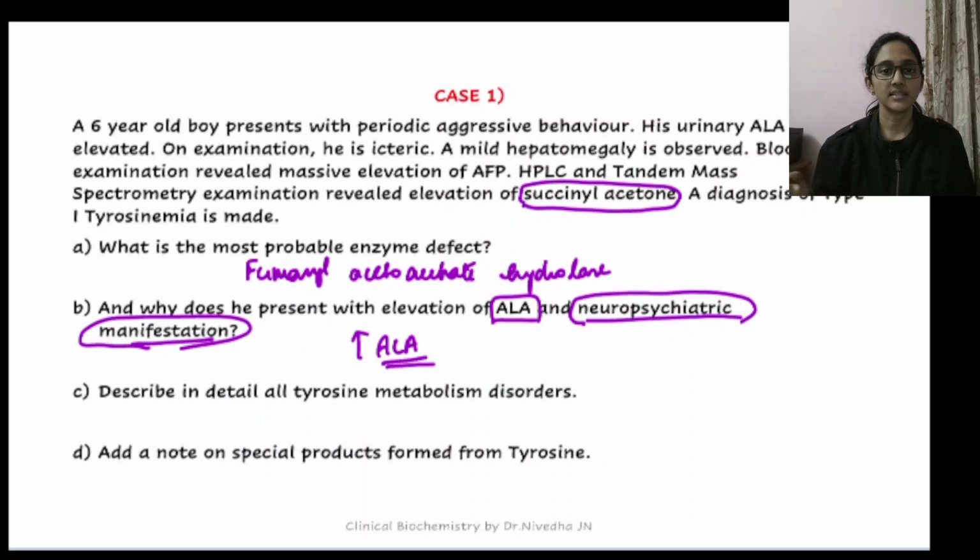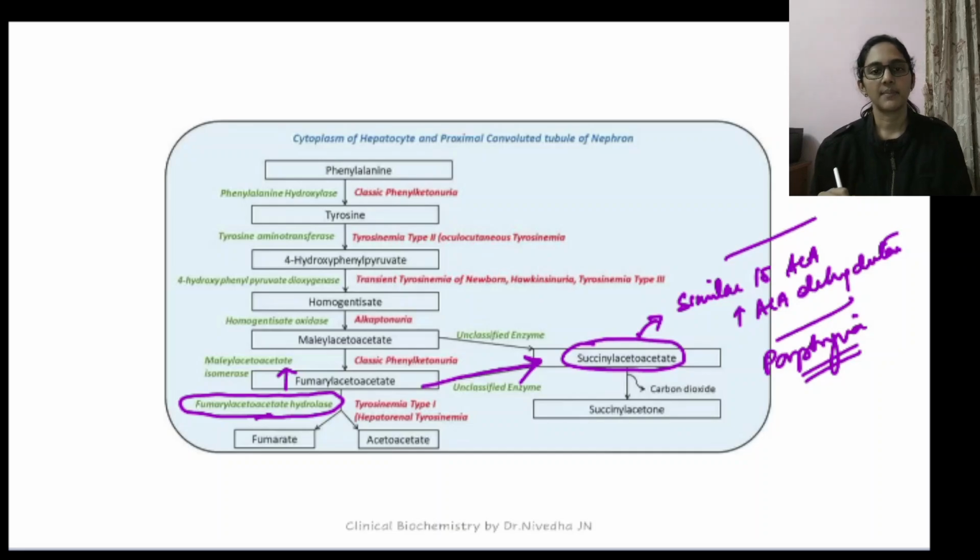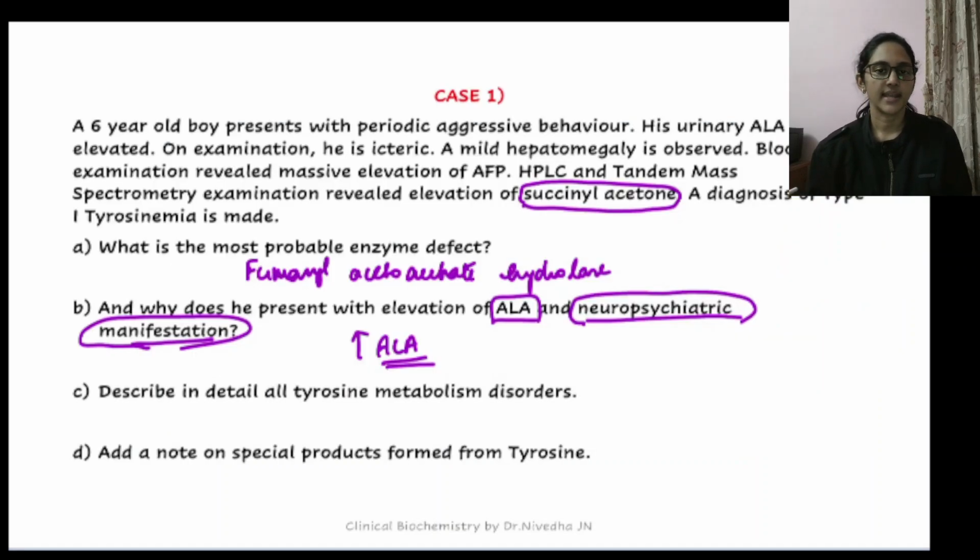And where does this succinyl acetone come from? The defective enzyme is fumarylacetoacetate hydrolase, which elevates the level of fumarylacetoacetate in your blood, and that leads to more production of succinyl acetone. So this is what is happening in this case of type 1 tyrosinemia.